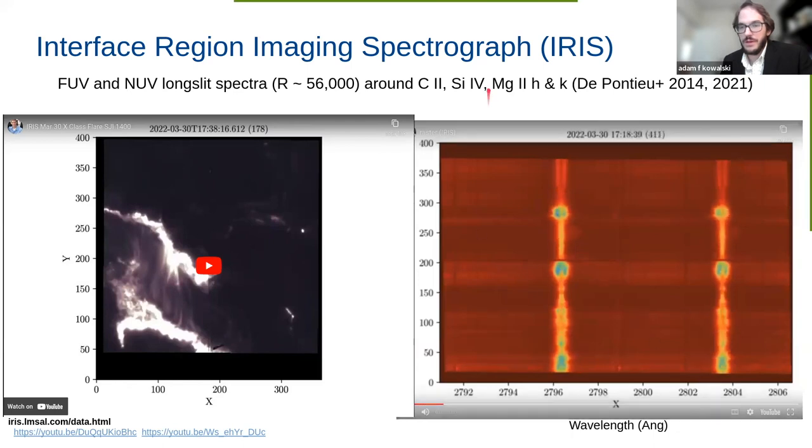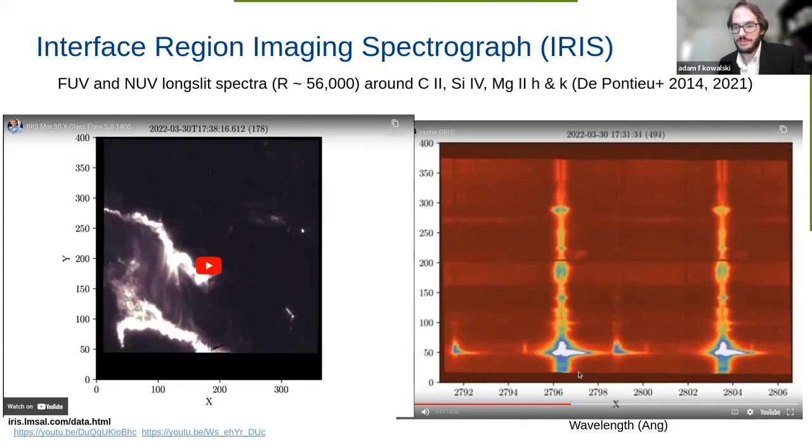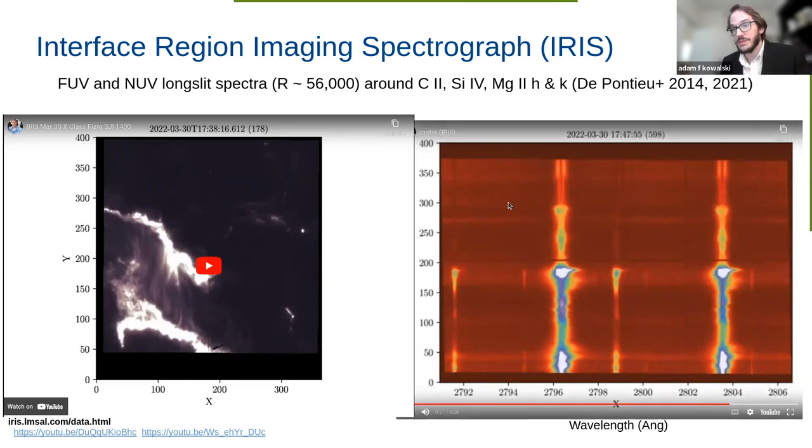All right, I'll let it play one more time. And you also can notice the apparent motion downward, just like in the movie on the left. So we have all this incredible detail. We have these very broad and bright and redshifted emission lines. This is what we want to understand with flare models.